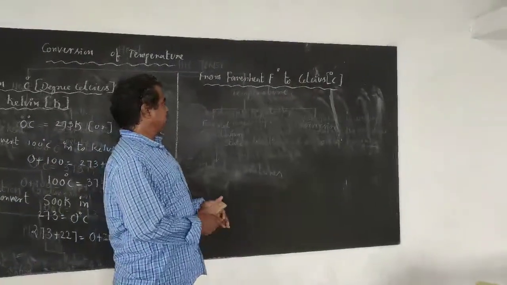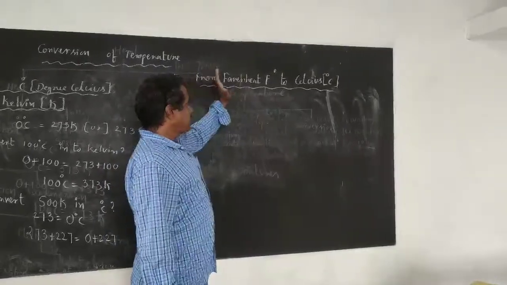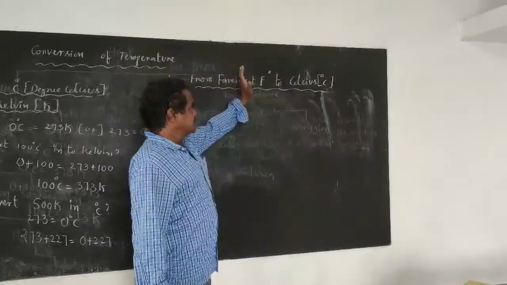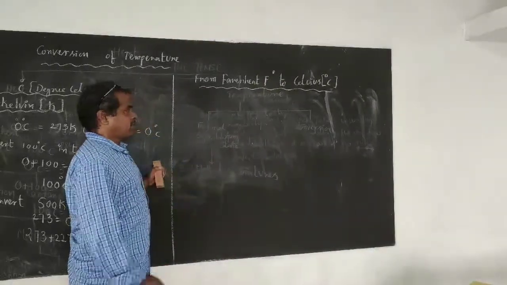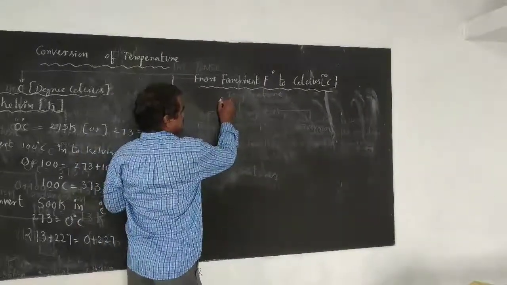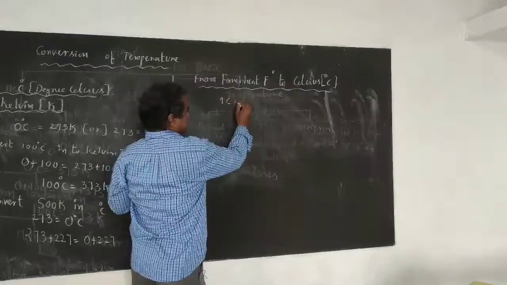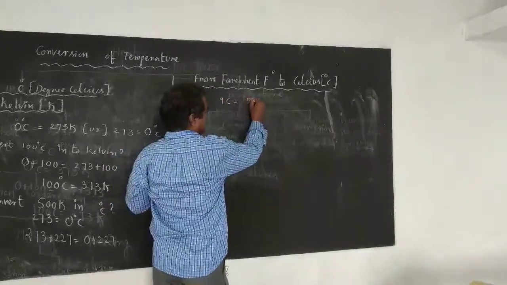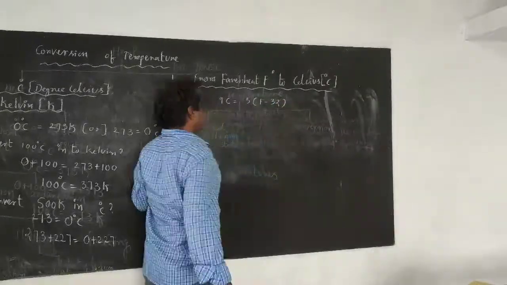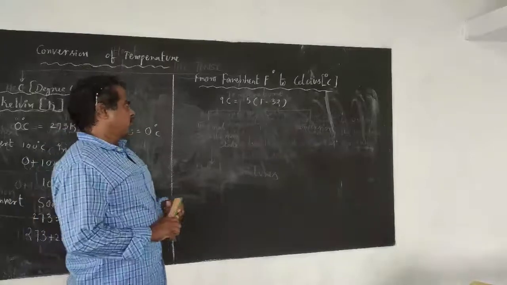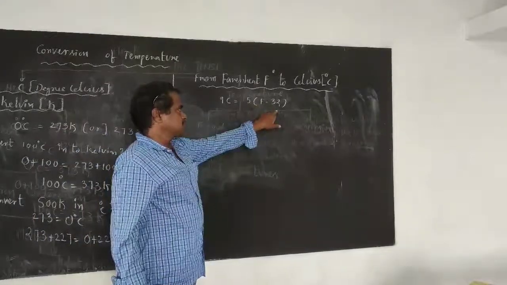In the same manner, we can convert Fahrenheit degrees into Celsius by using one formula, that is 9C is equal to 5 into (F minus 32).